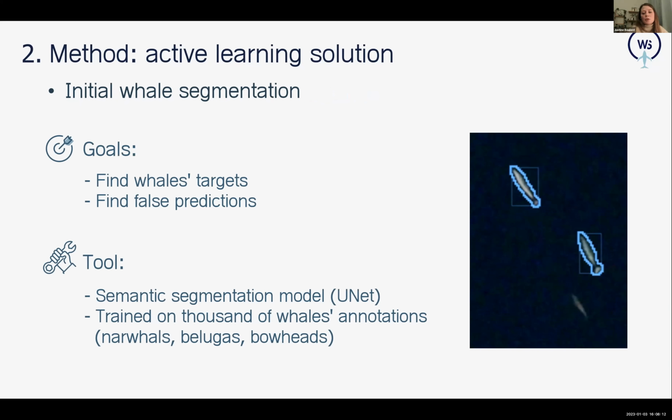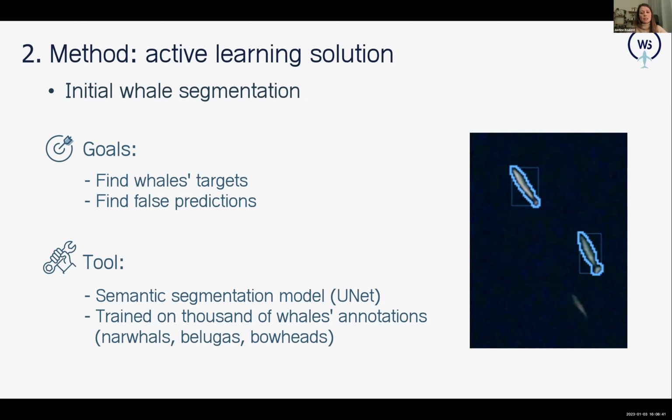The last step of the preliminary analysis is an initial segmentation of the whales. Since it's performed with a source model not suited to the target dataset, the results will be very imperfect. For example, here we can see a missed whale. Nevertheless, it allows us to find potential whale targets and also potential false predictions.